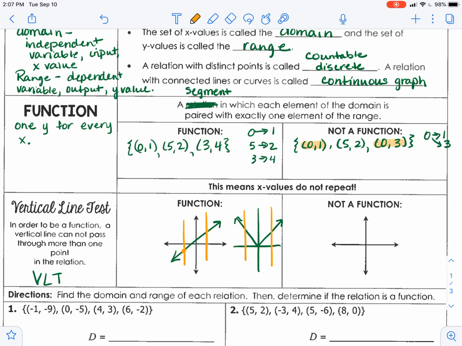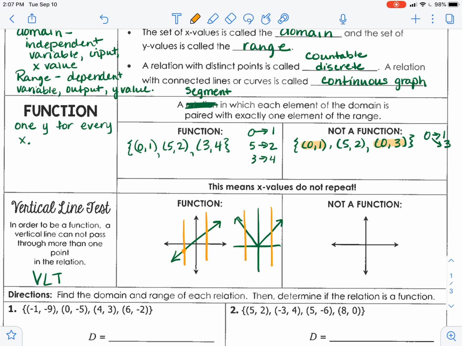Now again, for this year, pretty much except for circles and ellipses, everything we will talk about or graph in here is a function. Once we get past this section, we really want to just focus on the functions.